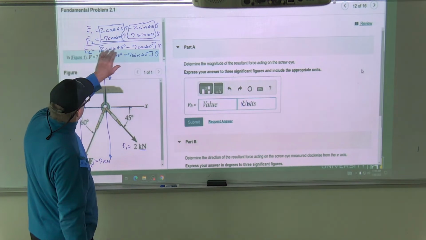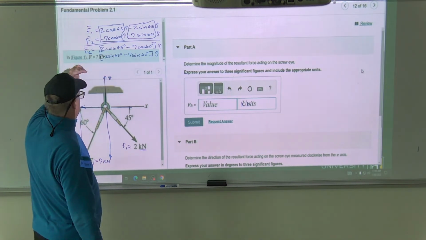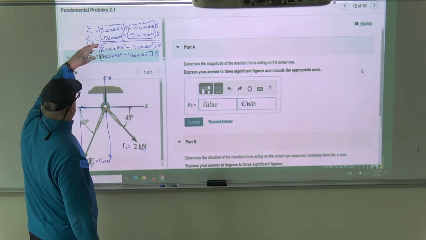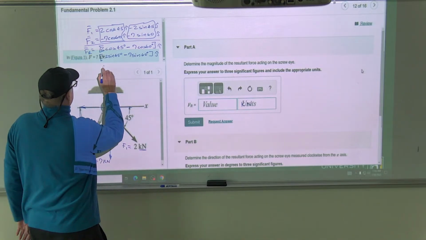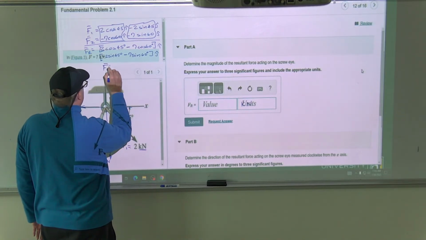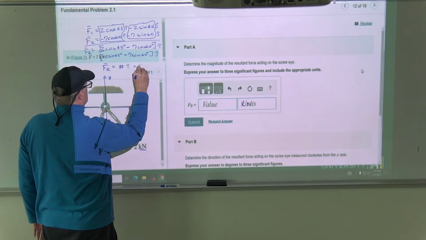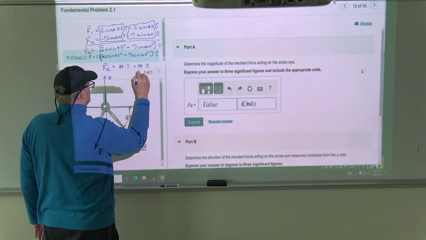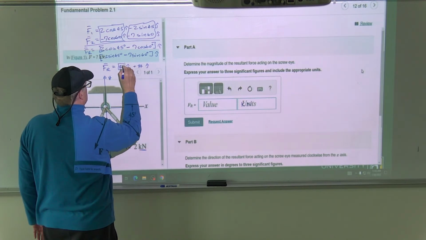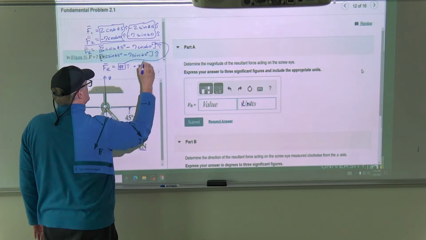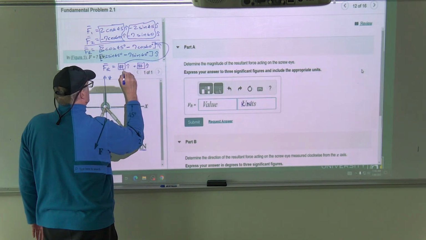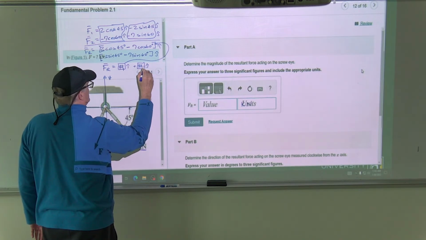So out of these two, you'll get two numbers. I don't know what those numbers will be, but you'll say FR is equal to whatever number you get out of that first one, i, plus whatever number you get out of that second one, j. So I'll call that number 1 and number 2.